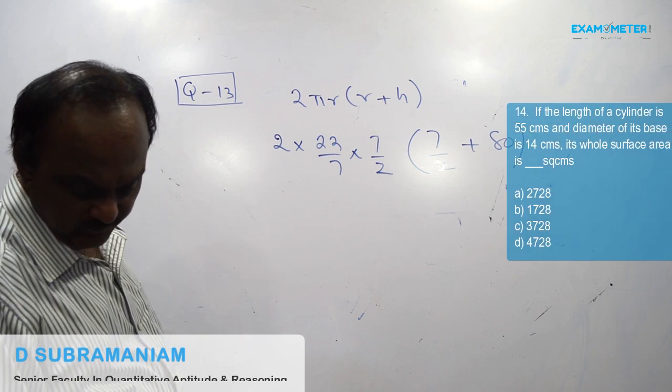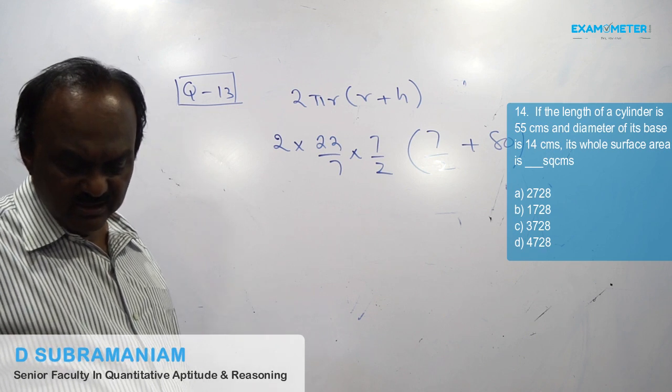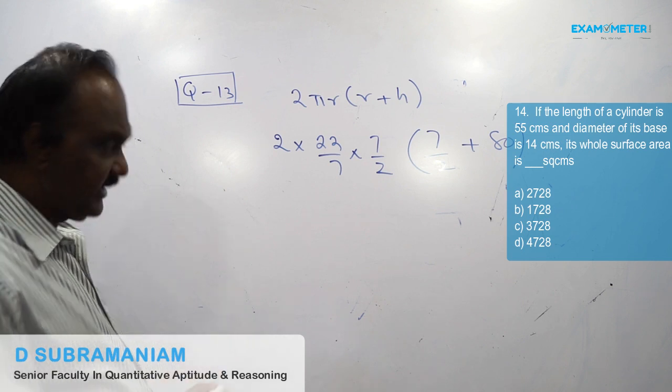Question number 14. If the length of a cylinder is 55 centimeters and the diameter of its base is 14 centimeters, its whole surface area?